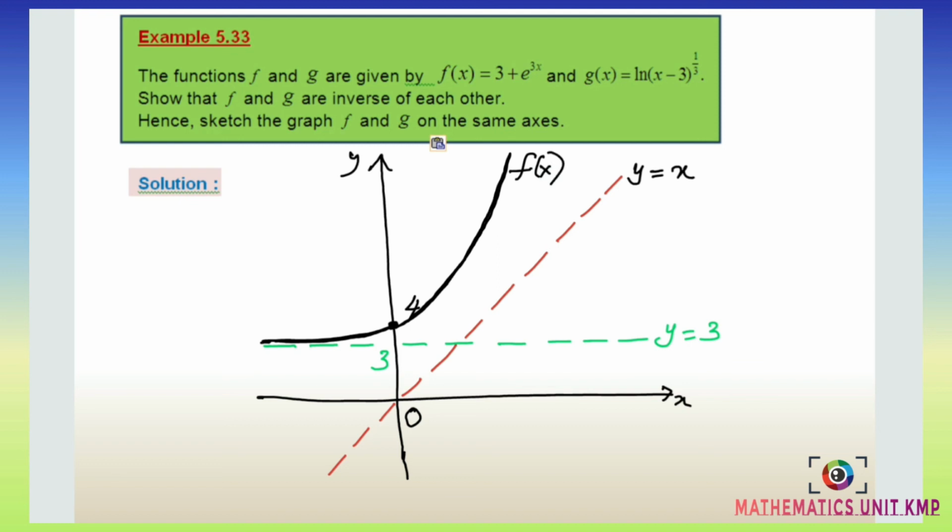Next, how to sketch the graph g? We reflect at y equals x. When f(x) has a horizontal asymptote, g(x) has a vertical asymptote x equals 3, and intercepts the x-axis at 4.